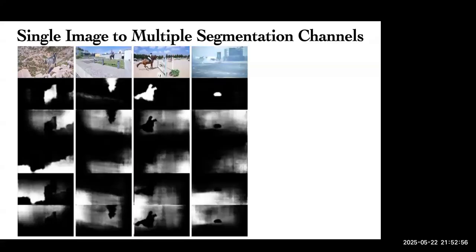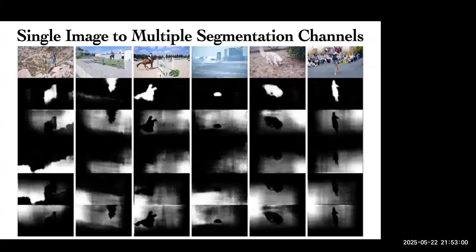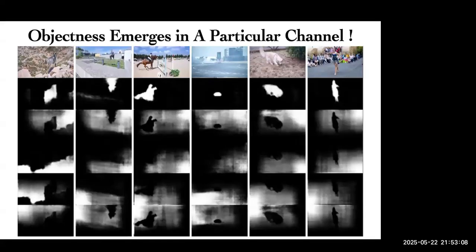And then there's another image. Now it seems like the first channel is also indicating the person, so on and so forth. You have the horse and horse rider, and then you have the vehicle, the dog, and then the person. Now this is what happened. It appears that the objectness emerges in a particular channel, and that's not what we designed our model for.